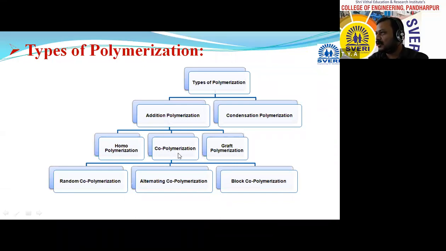Then copolymerization is further divided into three types: random copolymerization, alternating copolymerization, and block copolymerization. Why these names are given, we will discuss. Just remember this; I will discuss one by one. First, we will start with addition polymerization.